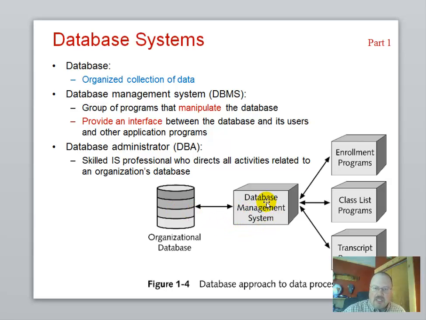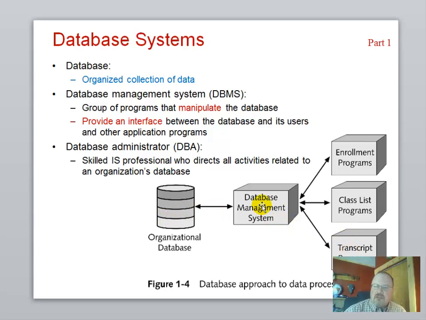And then the database management system is kind of that interface, that program that you'll go through in order to be able to make these programs run. So we have enrollment programs. That goes through the DBMS and pulls information out of the can. Class lists goes through the DBMS, pulls information out of the can, and transcripts the same thing.